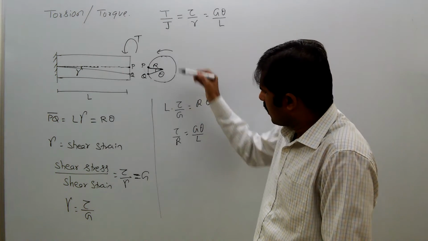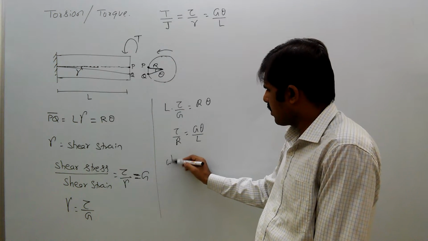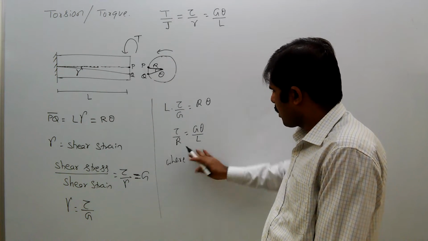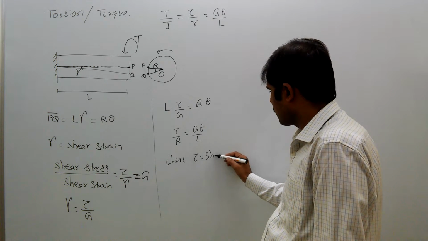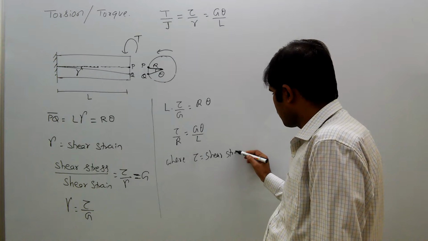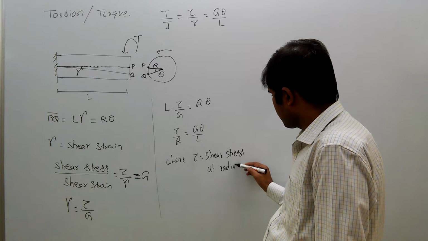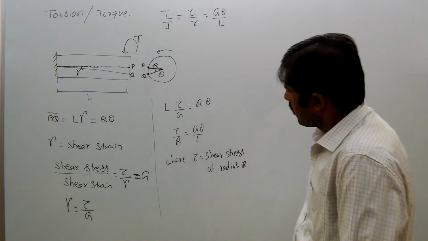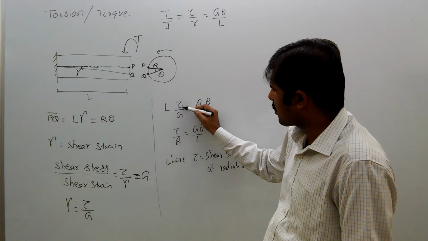Here tau is the shear stress at radius capital R. This is tau max actually.